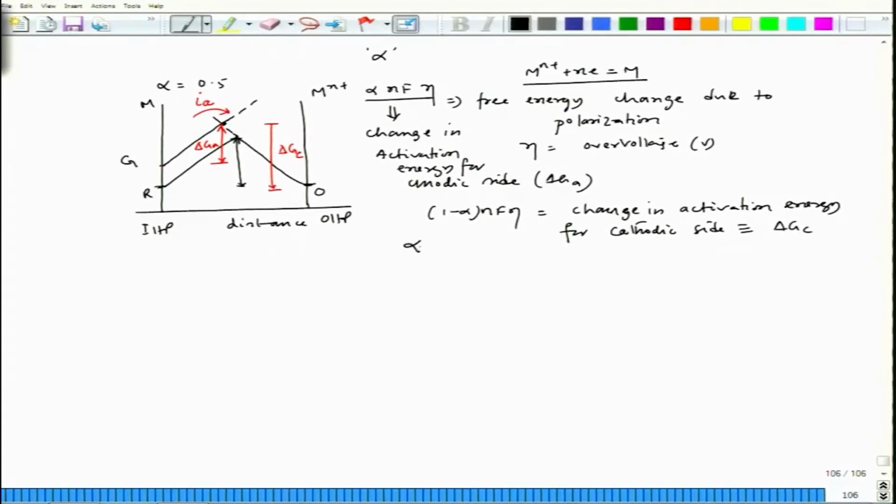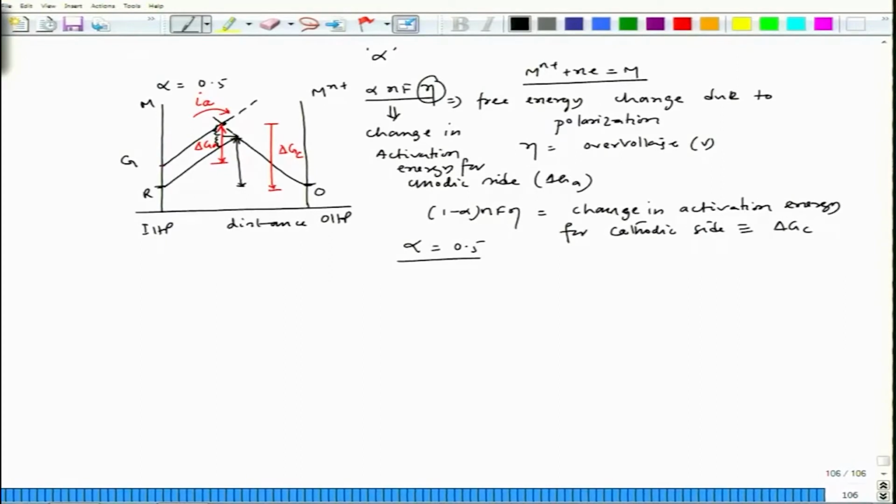Now, since alpha is 0.5, the contribution of this total over voltage, and thus the change in free energy towards this activation energy, would be equal. And in this case, if you see this, this arm and this arm both are equal.